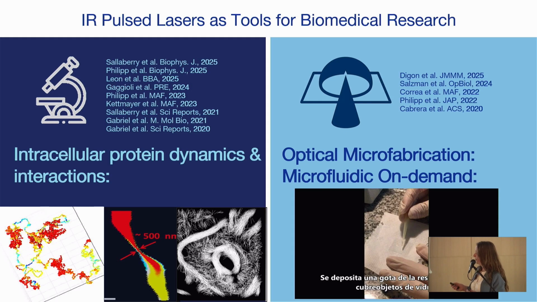So on the side of biological intracellular dynamics, we perform single particle tracking, so we can track proteins and molecules one at a time. And we also do 3D reconstruction of moving fibers inside living cells by orbital modulation.